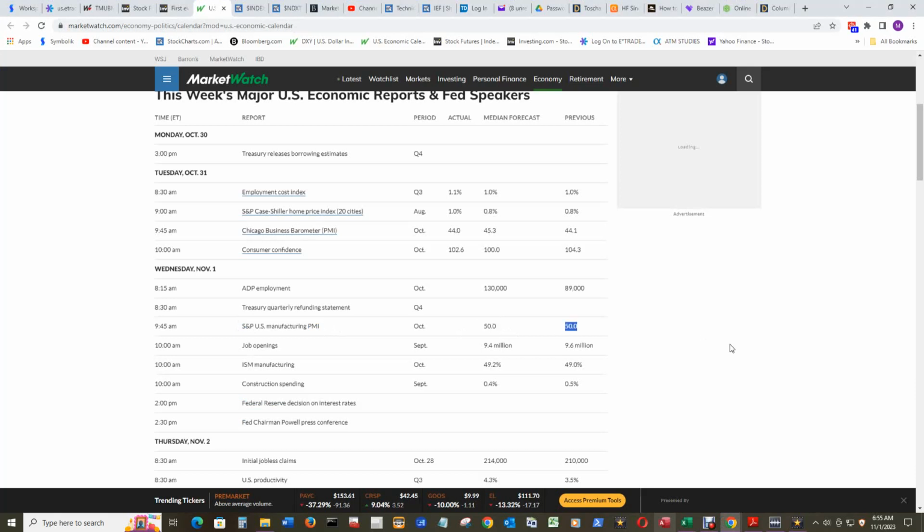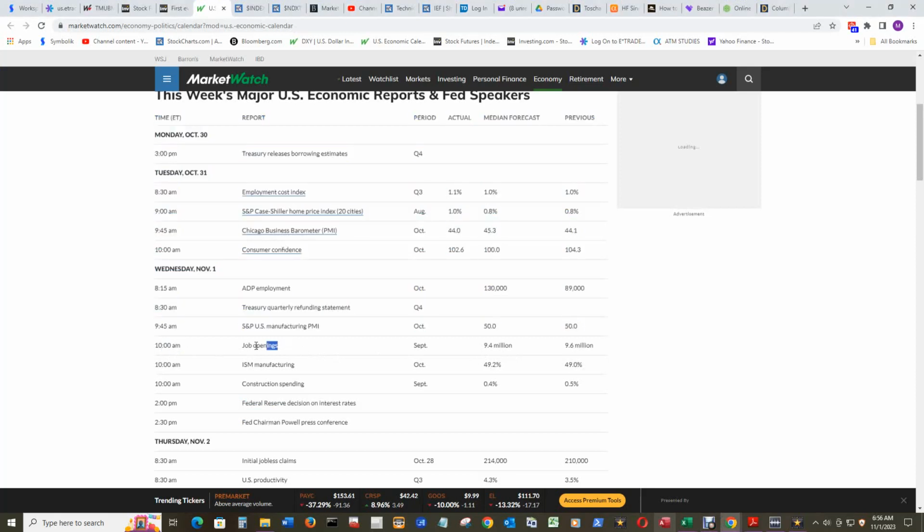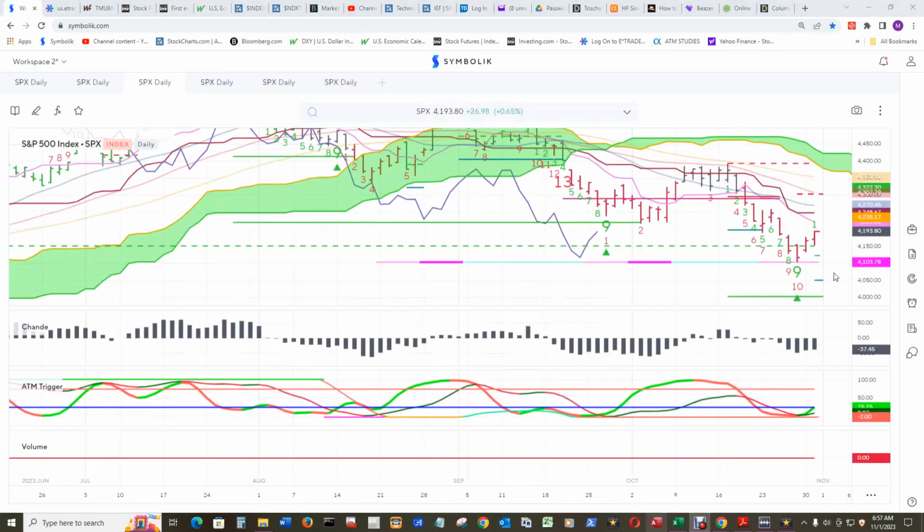Anything above that is expansion, and anything below 50 is contraction. And the JOLTS report comes out after that at 10 a.m. So that's right around where it was the last report. So this could be important too if there's something unexpected that comes in higher or lower.